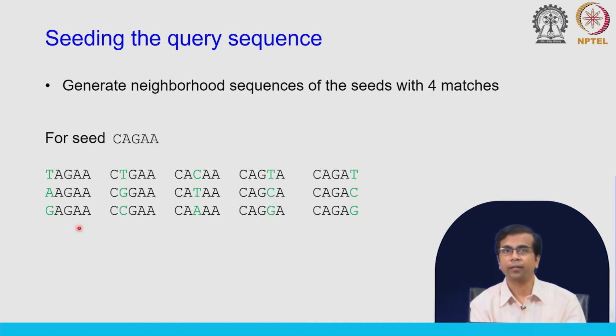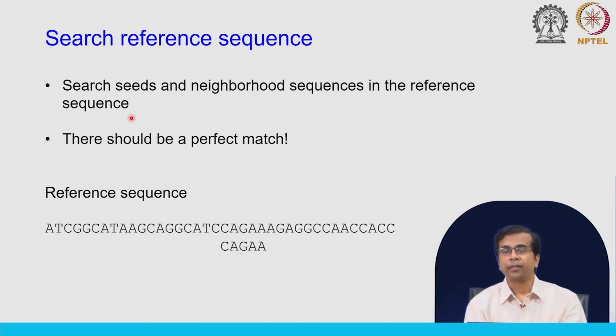So, here are all the neighbors of this seed. Now, what it means is that we are accounting for sequencing error at different locations of the seed.